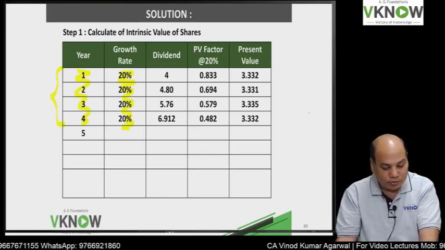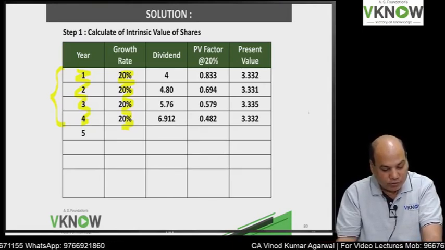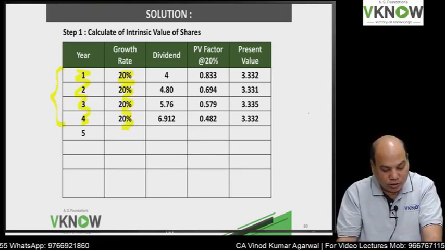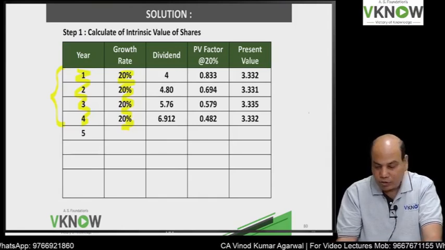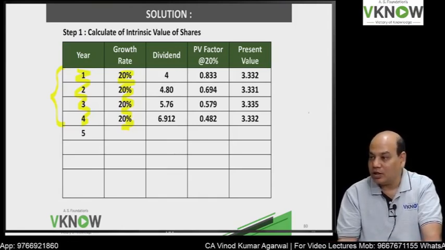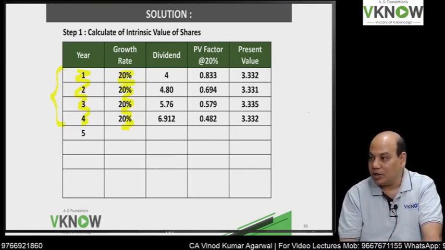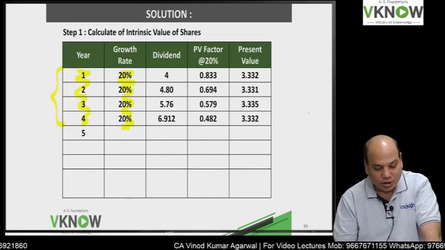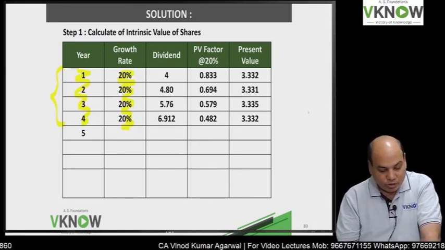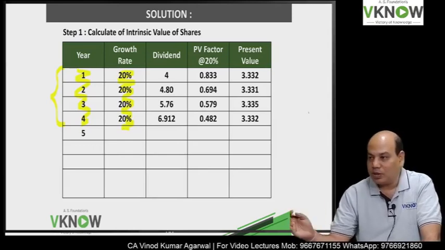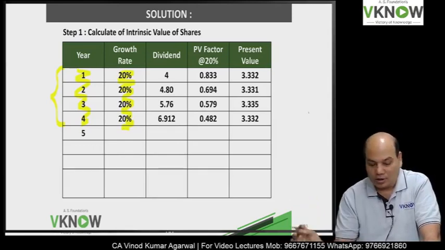Now wait. After year 4, the question says in the third line, growth will decline linearly. There may be a spelling mistake in the book. Linearly means by equal percentage, linearly to 16%. So from 20 it will become 16 linearly, equally.